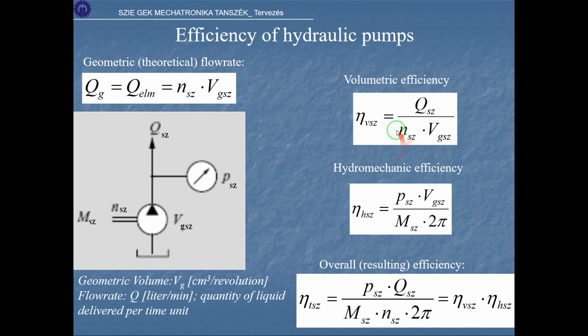So therefore we have to calculate the hydromechanical efficiencies as well, and the eta hydromechanical for the pump is calculated by this equation. This equation is also very ugly, but if we can understand it, it will be much better.